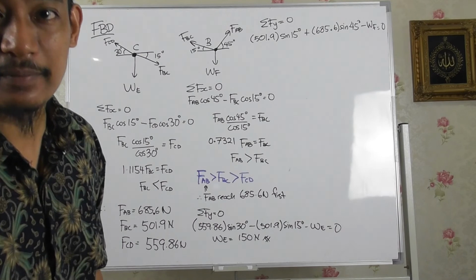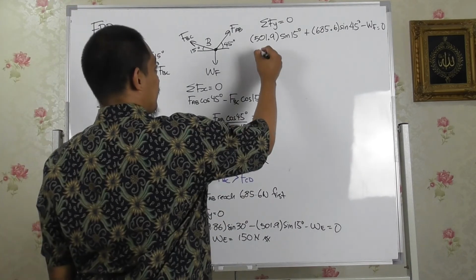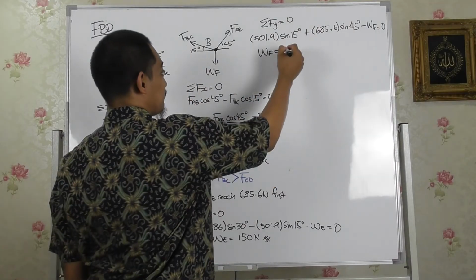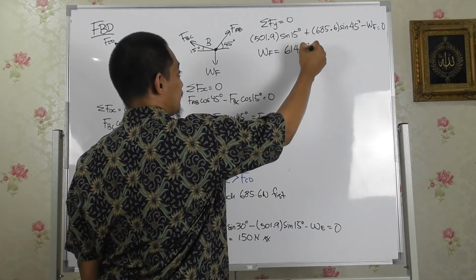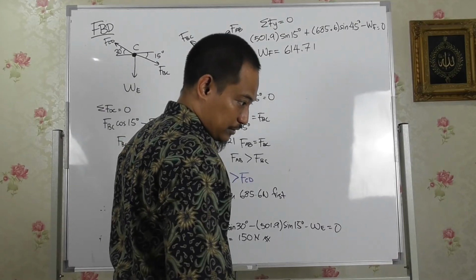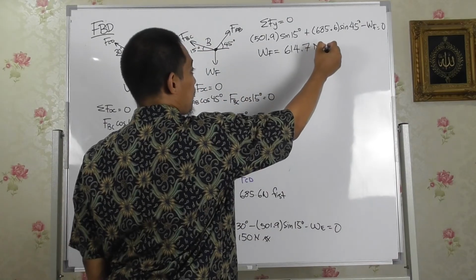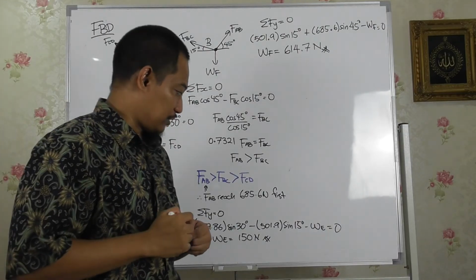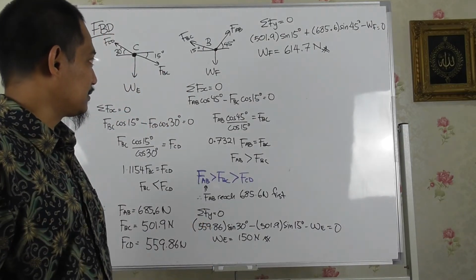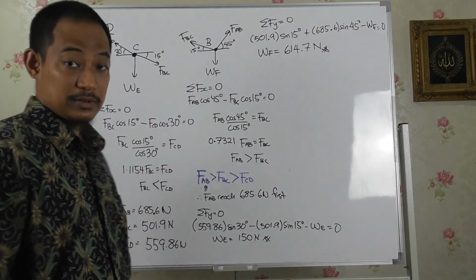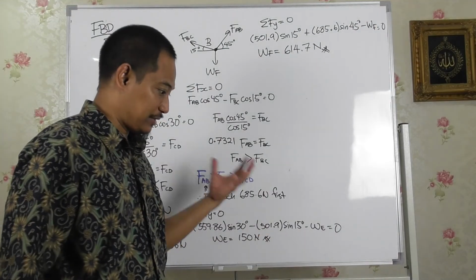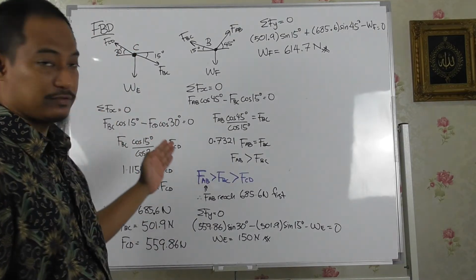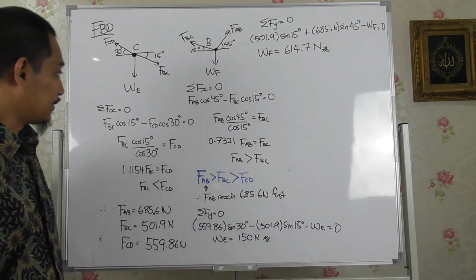Can you see until that point? So WF, if you calculate, it will be 614.7 Newton. Of course, for all of this calculation, please verify the numbers in case any mistake happened in my calculation. But the steps, the chronology, and the method of calculation are as such, right?